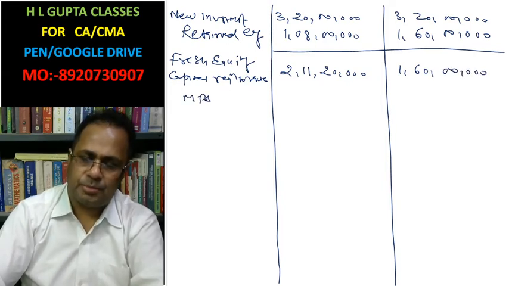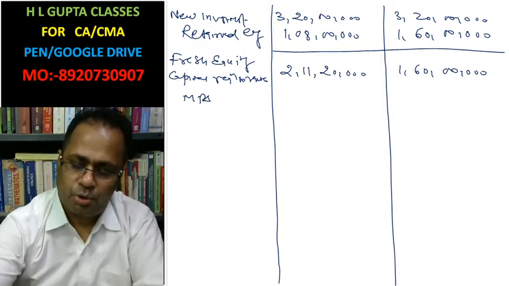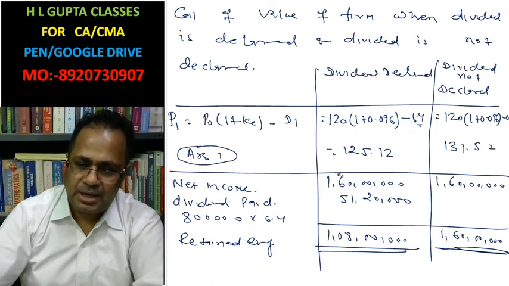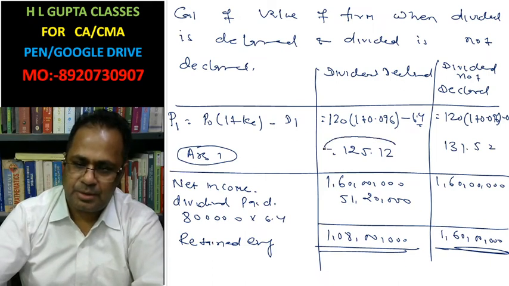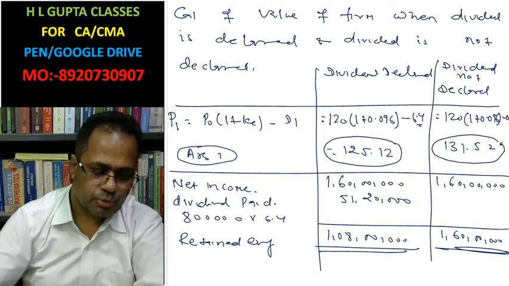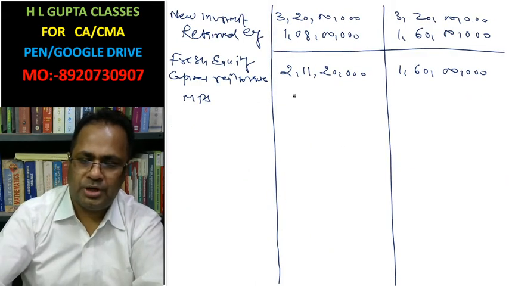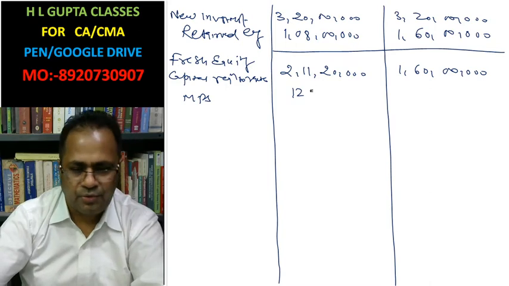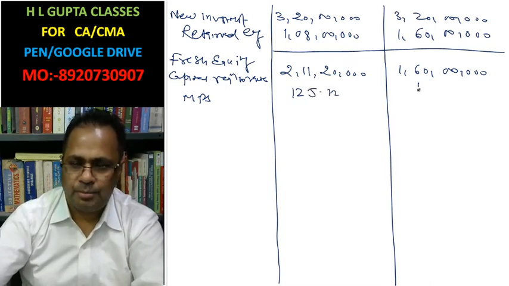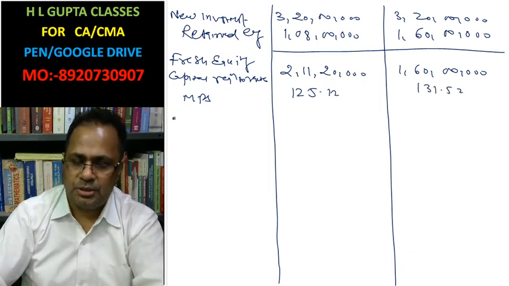As per the Modigliani-Miller model, new capital can be raised at the market price per share. The market prices are 125.12 and 131.52.